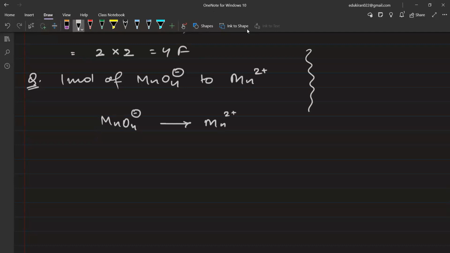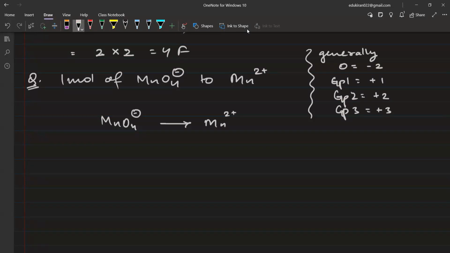Please see, generally oxygen is equal to -2. Group 1 is equal to +1. Group 2 is equal to +2, and group 3 is equal to +3. Halogen, denoted by X, is equal to -1. Will everyone remember this? Listen please, at least do this much.